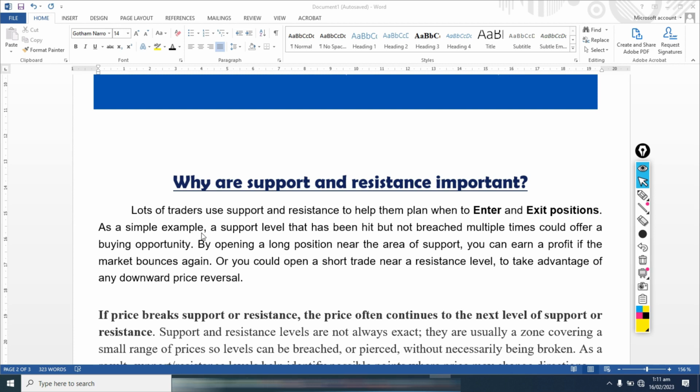As a simple example, a support level that has been hit but not breached multiple times could offer a buying opportunity. Like I said before, by opening a long position near the area of support, you can earn a profit if the market bounces again, or you could open a short trade near a resistance level to take advantage of any downward price reversal.